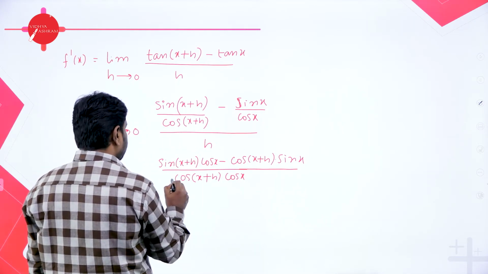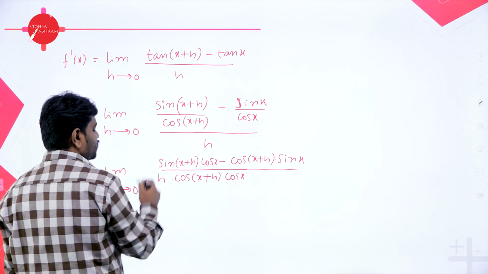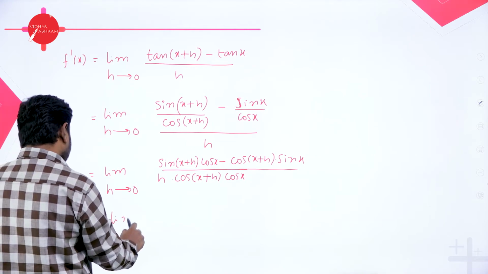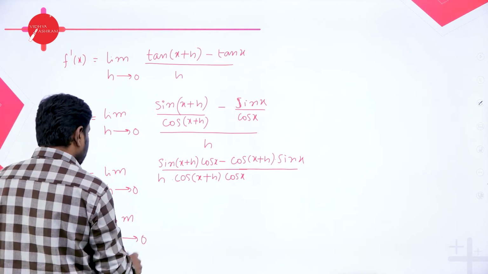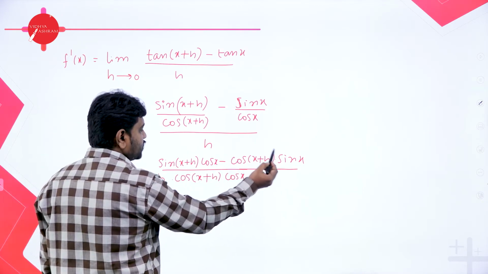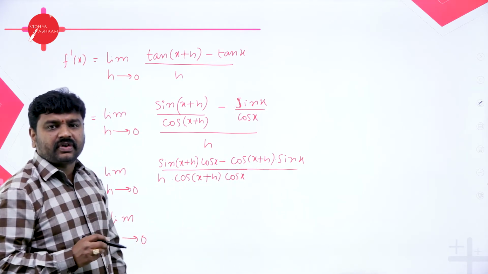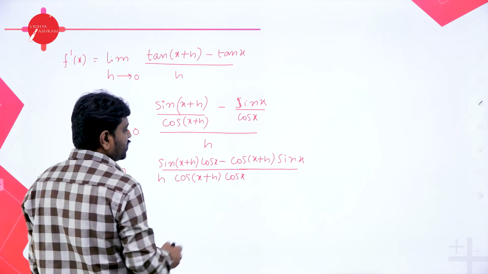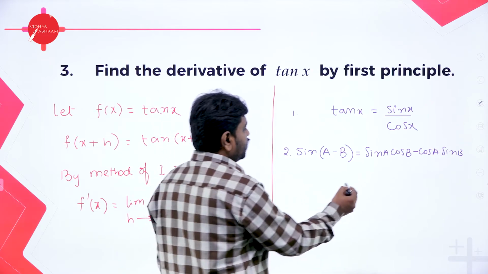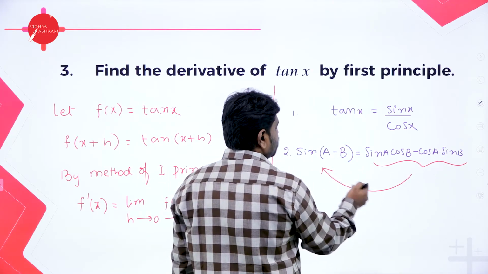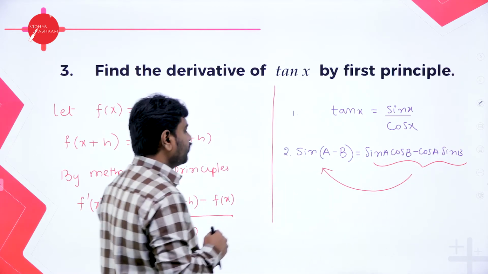I will write 1 by h separately. So now 1 by h I will separate it, limit h tends to 0. The numerator, if you observe, is in the form sin a cos b minus cos a sin b. I told you sin a cos b minus cos a sin b can be written as sin of a minus b. This big term you can compress as sin of a minus b.